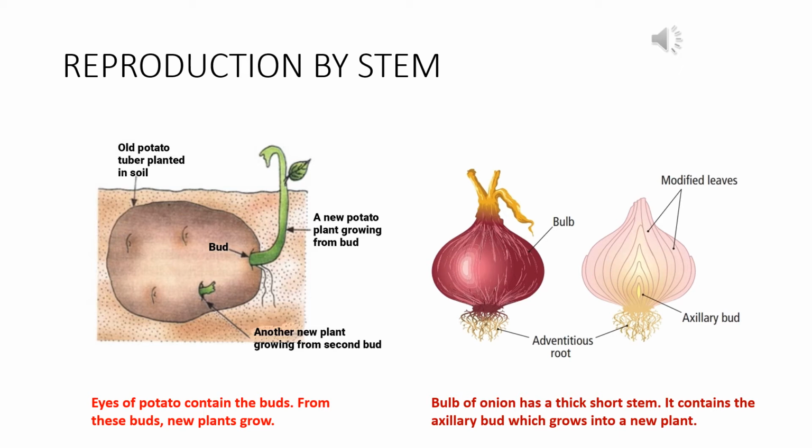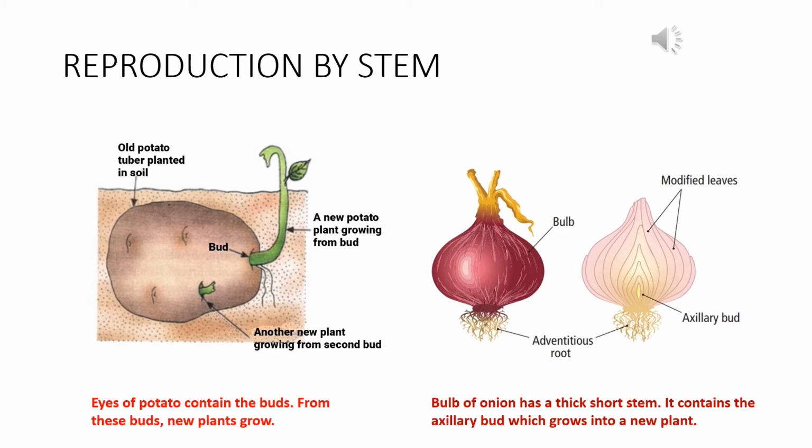And in the case of onion, what is it? In the case of onion, the bulb has a thick short stem inside it. If we cut the onion into equal halves, we can see a whitish structure in the middle, and this is called the axillary bud. From this axillary bud, we can also see roots growing. The root portion, we cut out and discard. Those are the adventitious roots.